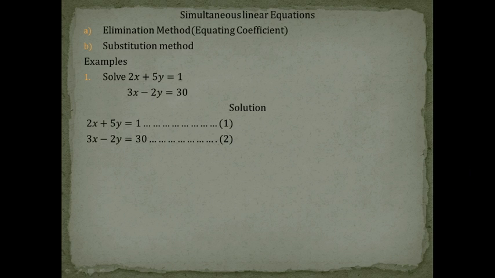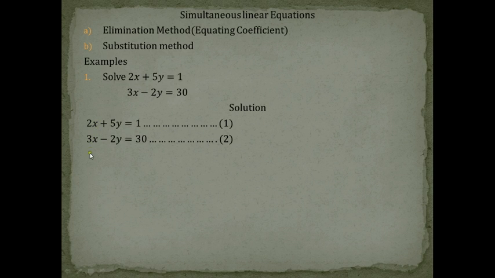Now, when we talk of the elimination method, it means we want to eliminate, we want to cut out something, we want to take that right off. So the first thing that comes in if you are treating the elimination method is this: make sure that the variables are under their own kind.